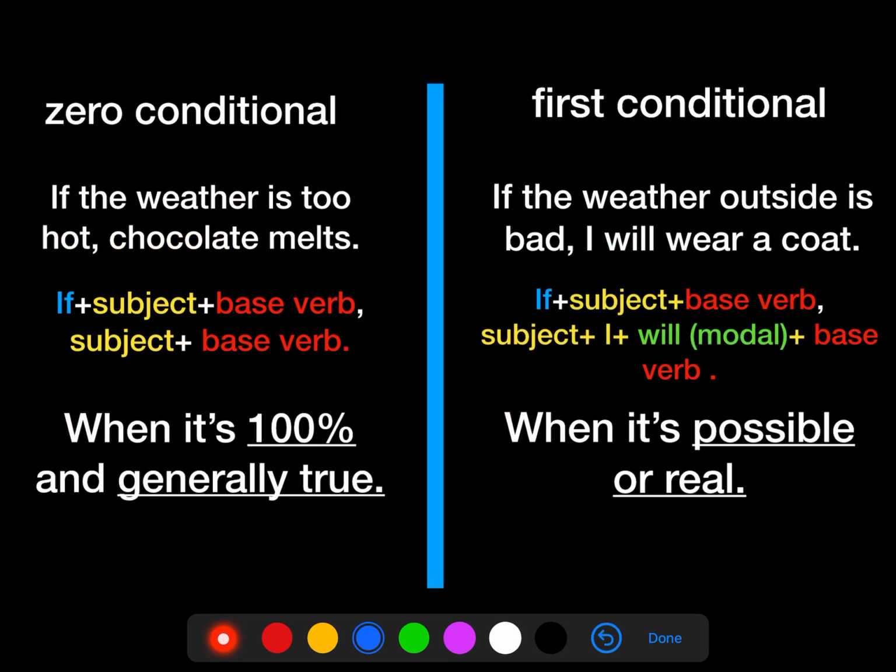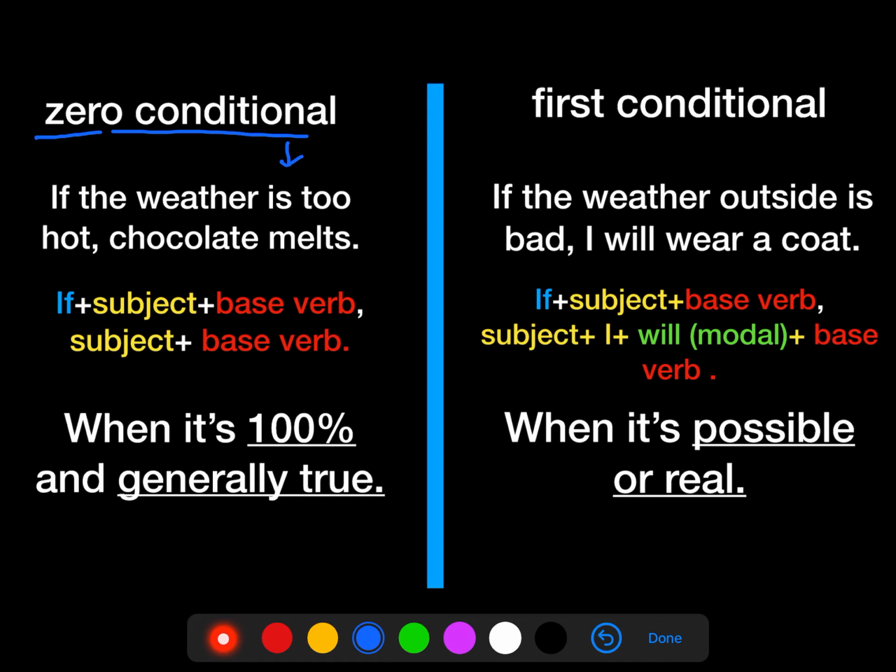So now let's compare the differences between zero conditional and first conditional, and after that, let's move on to the practice video. Okay, first of all, zero conditional. Let's read the example sentence.